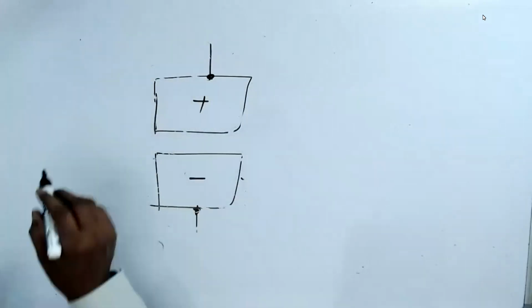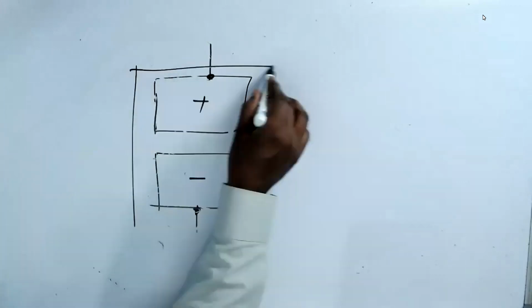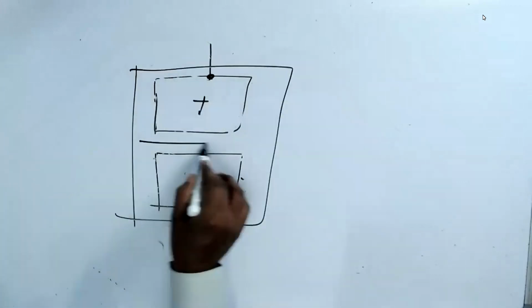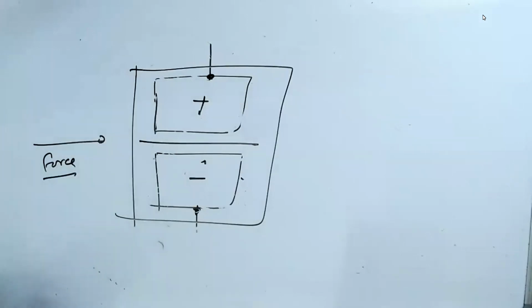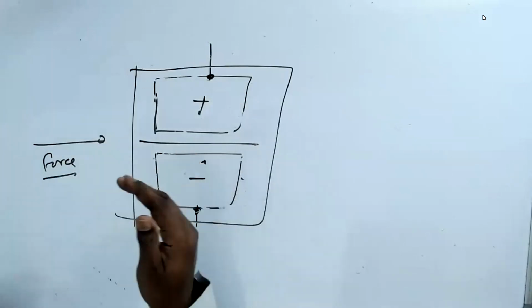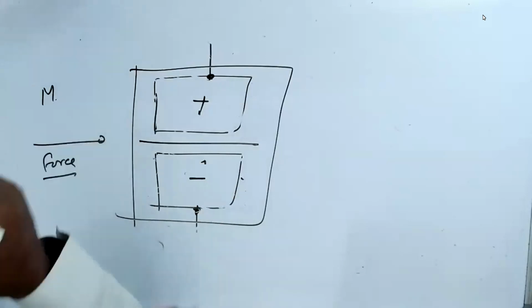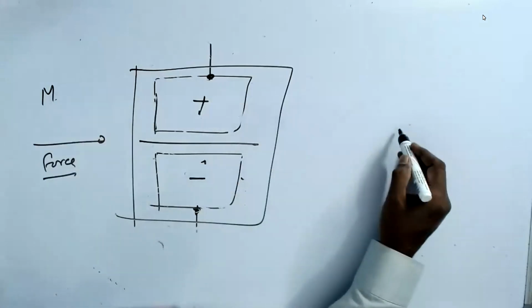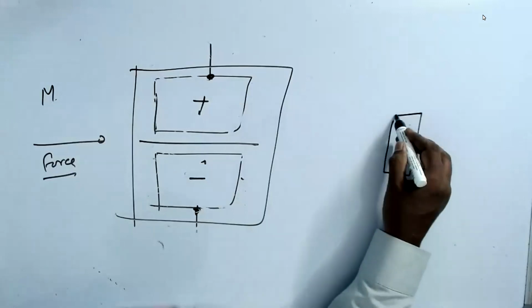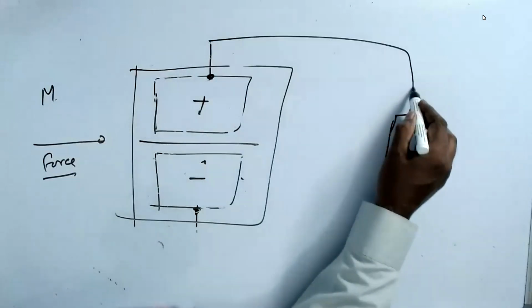That means I have two objects, and I give a force from outside. This is all mechanical force, which we measure in Newton meters or whatever. I'm not into mechanical, but I'm interested in electrical. What they have done is, here they have a resistor.